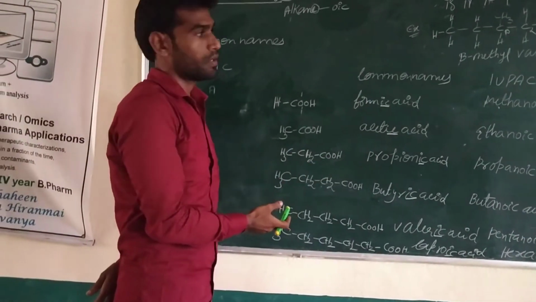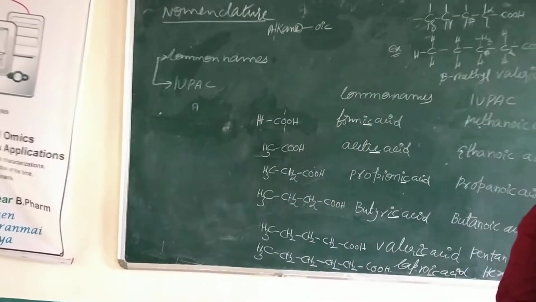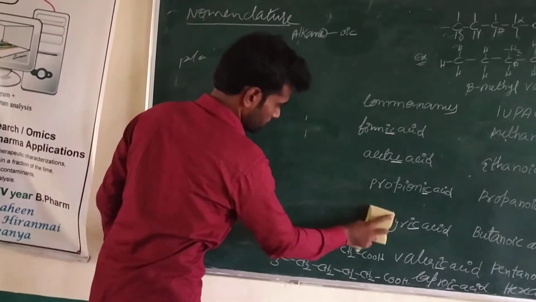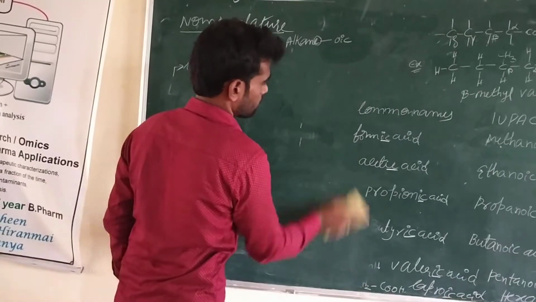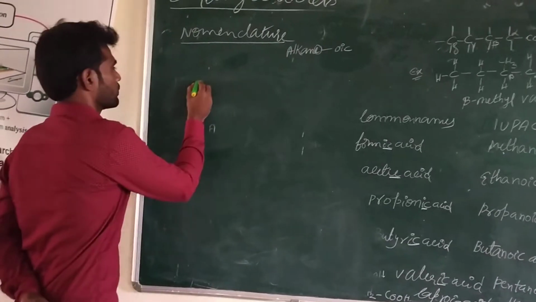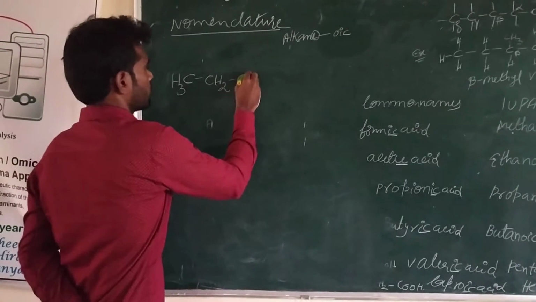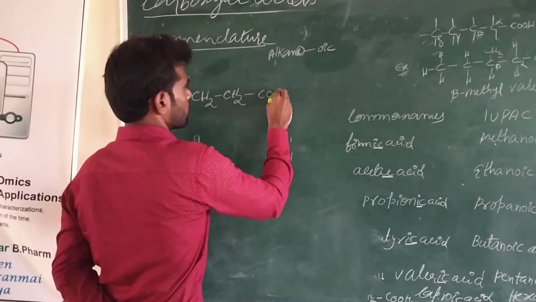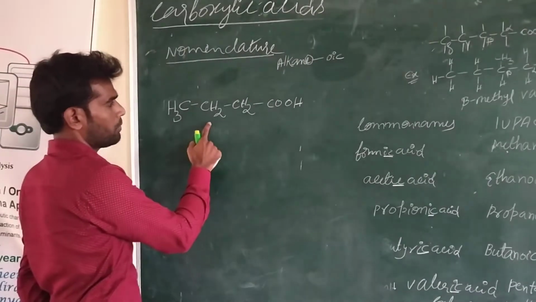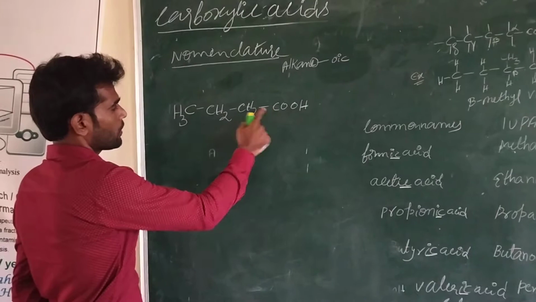Now let us discuss the IUPAC names for the carboxylic acid. First of all, we should count the number of carbon atoms: 1, 2, 3 and 4. 4 carbon atoms.